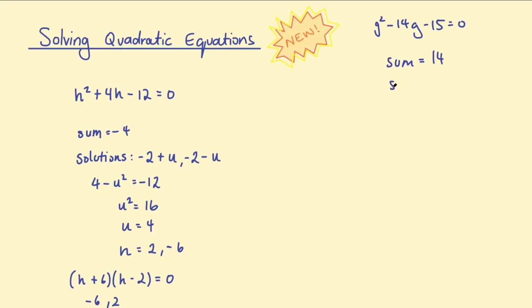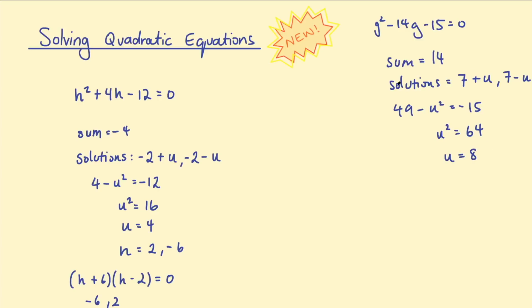Then we can say the solutions are half of this, so 7 plus u and 7 take u. Then we multiply them together, we get 49 take u squared, and this is equal to this constant here, this -15. Then go ahead and solve for u, so we add that 15 to 49, and we get u squared equal to 49 plus 15, that's 64. So u squared is 64, then u is equal to 8.